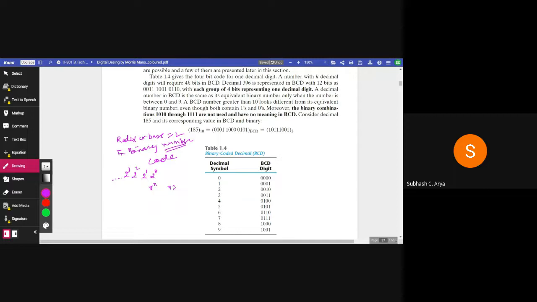Okay, so let us evaluate as far as binary number is concerned. Let us evaluate its weight itself. 2 to power 0 means 1. 2 to power 1 means 2. 2 to power 2 means 4. 2 to power 3 means 8.